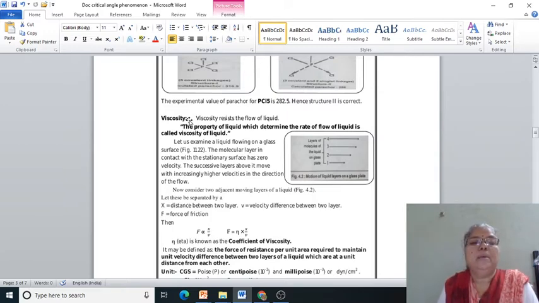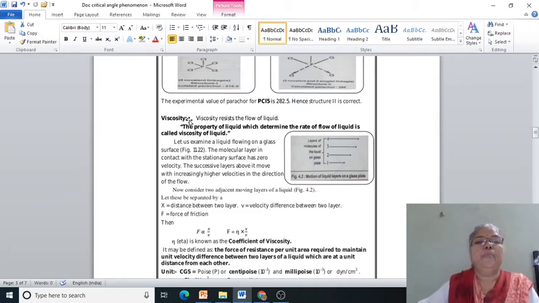That means the liquids which flow readily on a plane surface or glass surface are called mobile liquids, and the liquids which do not flow readily, or which flow slowly on the plane surface, are called viscous liquids or non-mobile liquids.